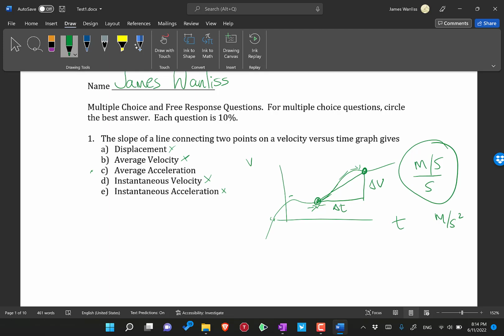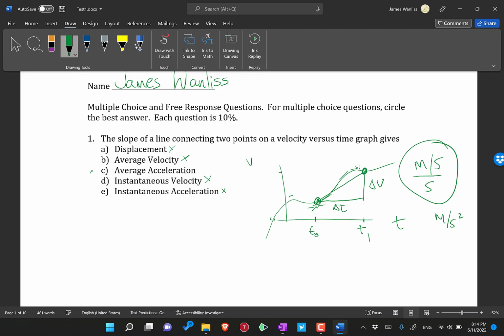But let's just think through that. Average acceleration is acceleration between 2 points. So at this point here and that point there, time t0 and time t1, that's t1 minus t0, is our delta t that we've worked out.